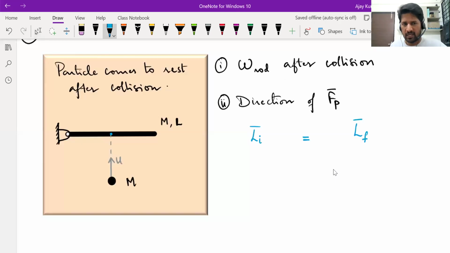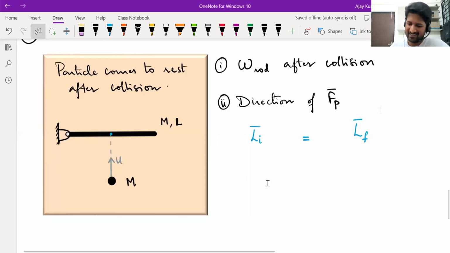Which part of the system had angular momentum initially? Whichever part was moving, that will only have, no? Which part was moving? So the small particle was moving. Okay. How much is its angular momentum initially?